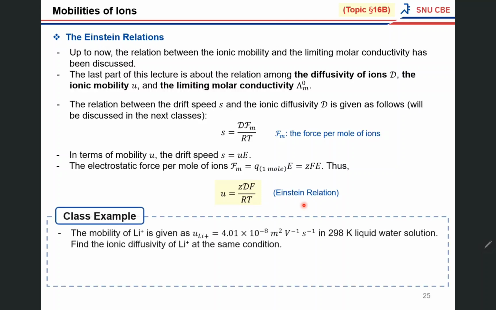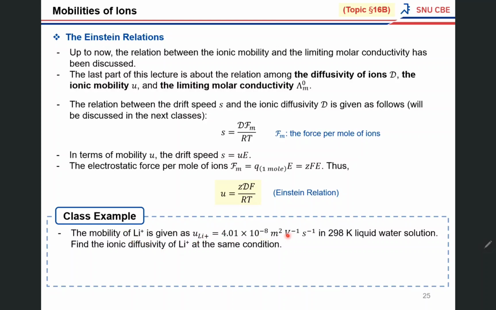Let's play with this equation based on this example. The mobility of one lithium cation is given like this, and the temperature is also given. It's a liquid water solution, and we are asked to find the ionic diffusivity of this lithium cation based on the given mobility.